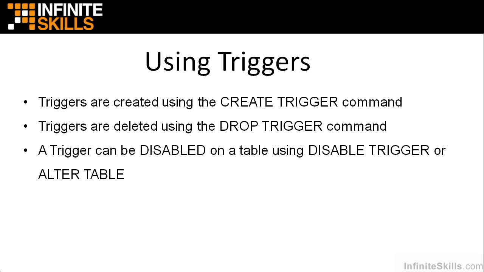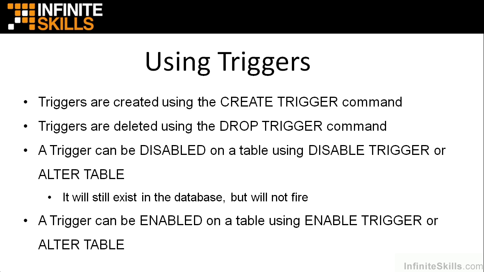If you go out and look in the syntax of alter table, you will see it about halfway down there. You can disable the trigger. This will disable a trigger that's active on a table. It will still exist in the database, but it will not fire when data modifications come in. A trigger can also be enabled on a table using enable trigger or, once again, the alter table command. So just be aware of that.